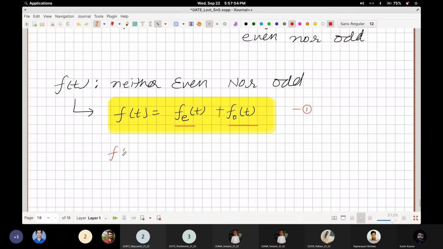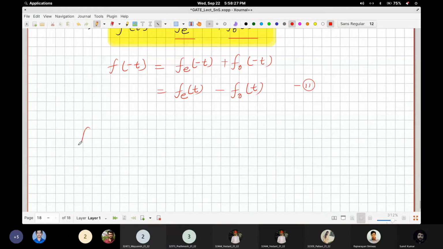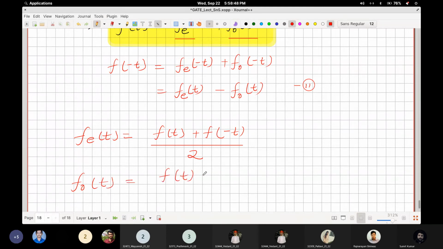When you put t equal to minus t, you will have f_e of minus t, and then f_o of minus t. We know that the even signal at minus t will be f_e(t) itself, and the odd signal will be minus f_o(t), isn't it? Is this clear? Yes, sir. So the even part f_e(t) in terms of f(t) will be f(t) plus f(minus t), divided by 2. And what will the odd part be? f(t) minus f(minus t), divided by 2.